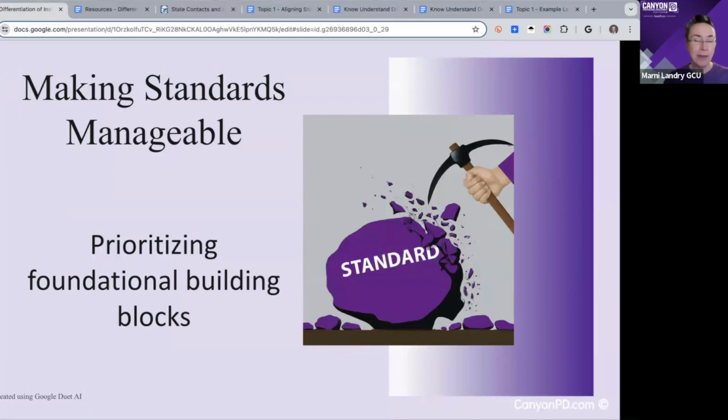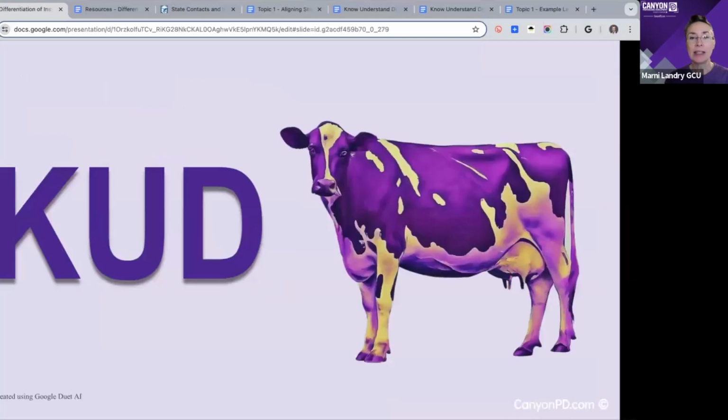Another way of thinking about breaking things down, instead of the boulder with a pickaxe, is like a cow. We're going to chew the cow's cud. I really like thinking about the cud, but you'll notice it's KUD instead of CUD. K stands for knowledge, what students must know. U is for the overall understanding, and D is for do.